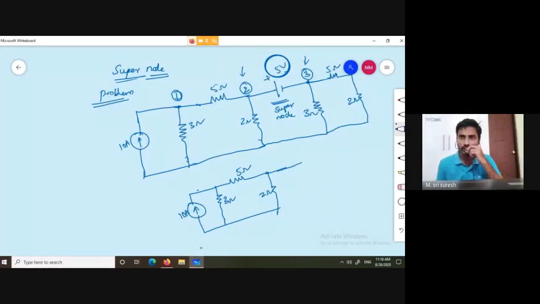So this can be removed here, and by placing a short circuit like this.